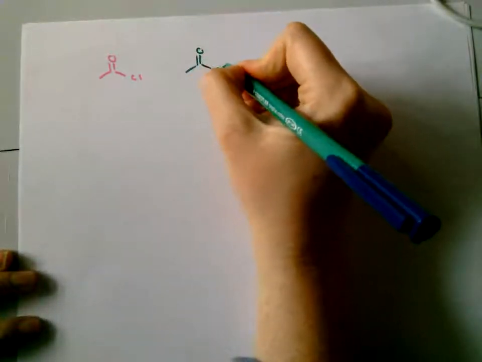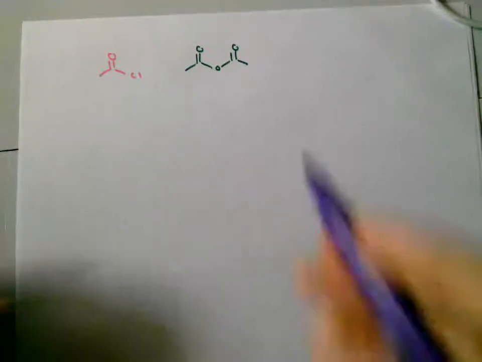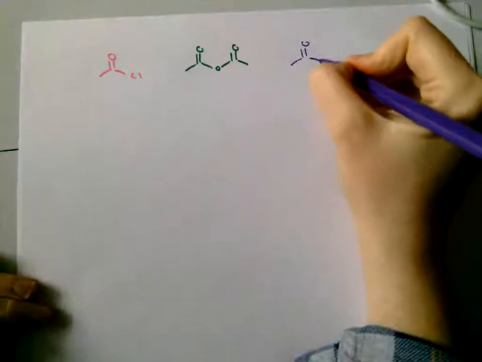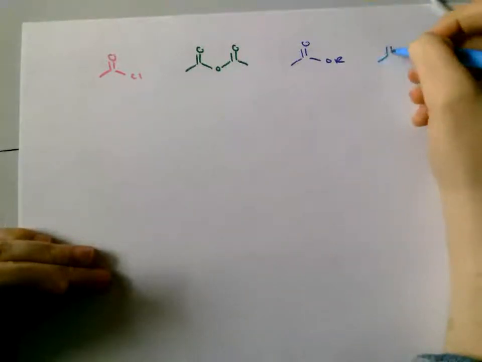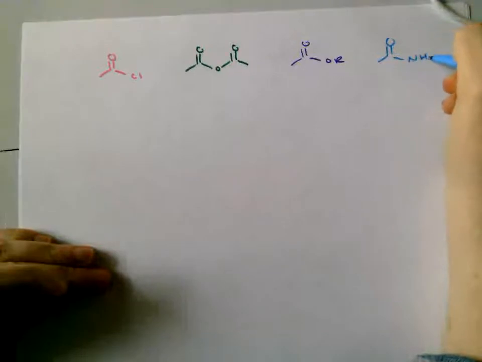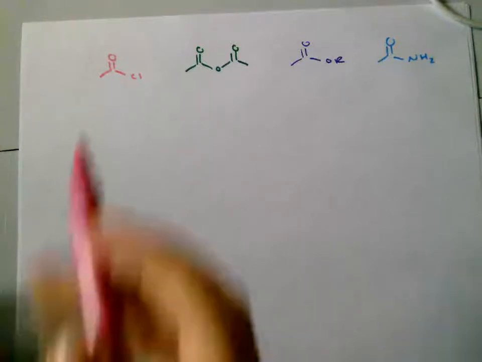This is an acid anhydride. We have an ester, and an amide. It could be NH2, NR2, or whatever. So these are the main derivatives.